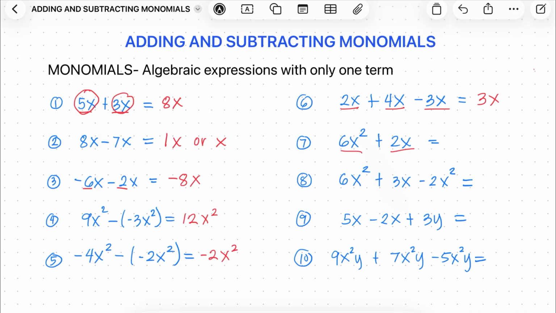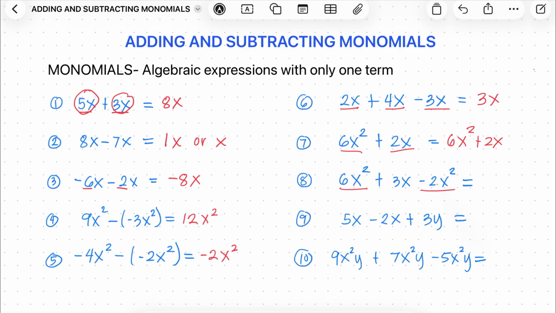Since they are not similar, because the exponent of x here is just 1 and the exponent of x on the first term is 2, we cannot add this. We cannot combine them. In other words, we will just simply write down 6x squared plus 2x. There's no change at all. That is the answer.